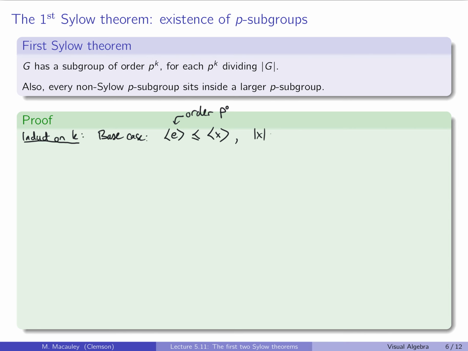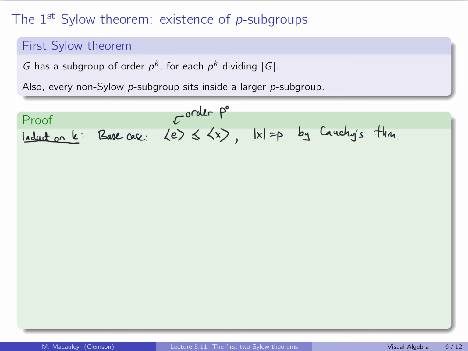So there's some x of order p by Cauchy's theorem, and that contains the trivial group. So here's a group of order p to the 0, and here's a strictly larger p-subgroup that contains it.